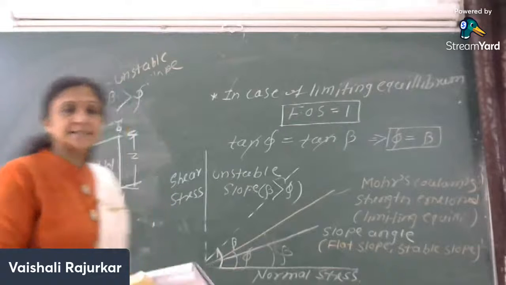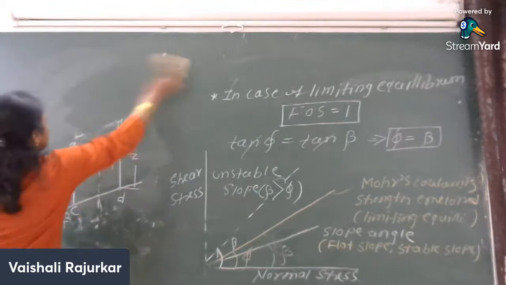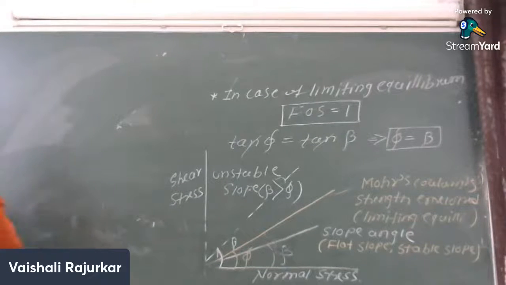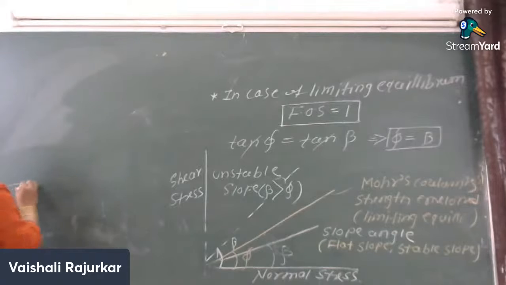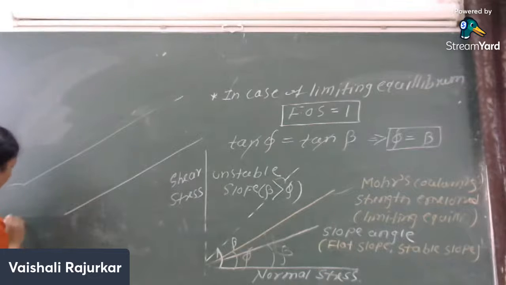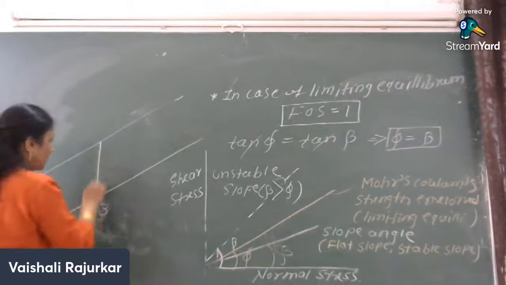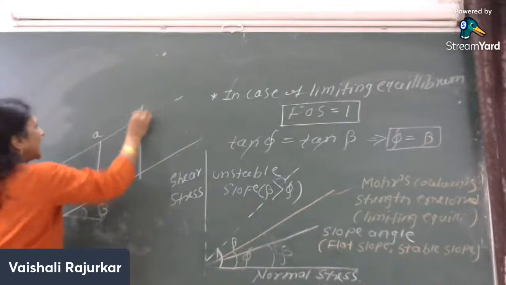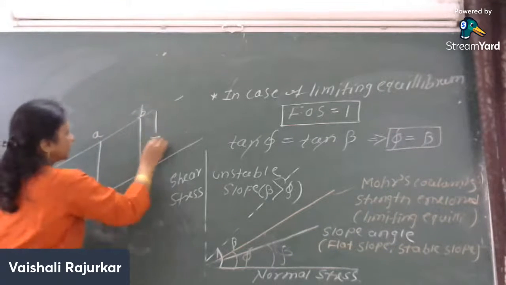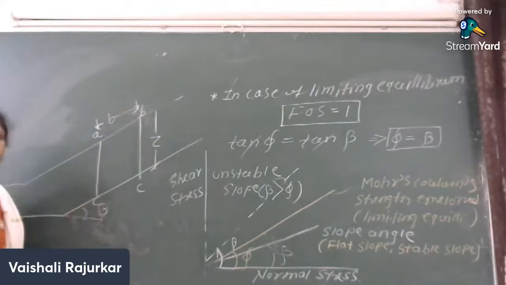Again, we will consider the same cohesionless soil, and we will consider a slope making an angle beta. We will consider a slope A, B, C, D of depth Z and breadth B.